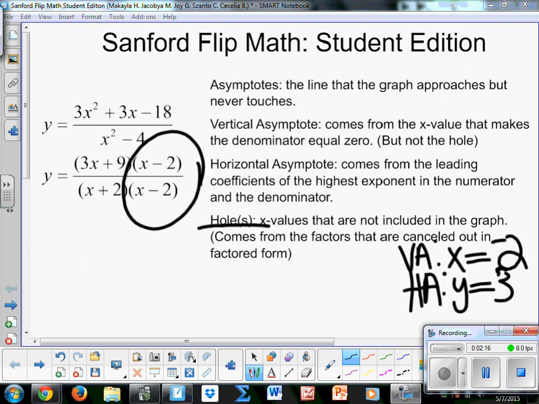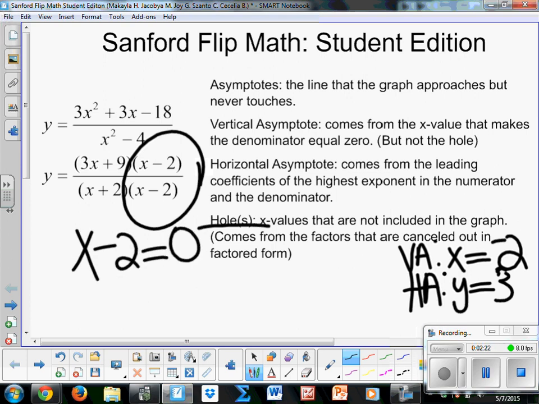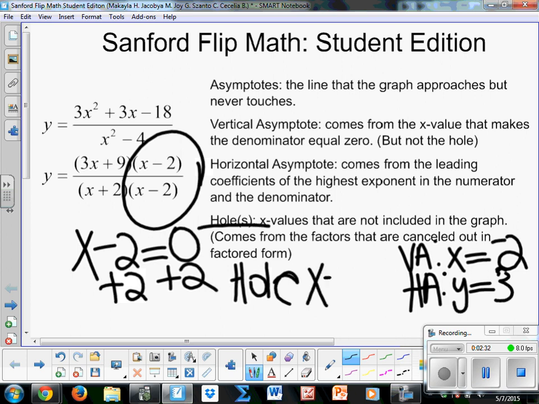So we would set our factor x minus 2 equal to 0. We will add 2 to both sides. Then for our hole, we would get x equals 2.